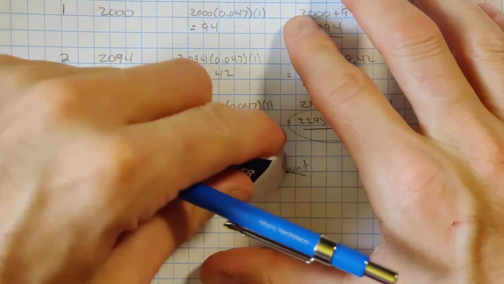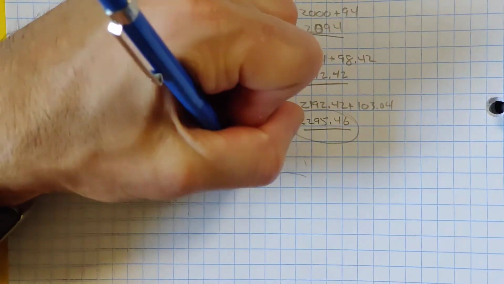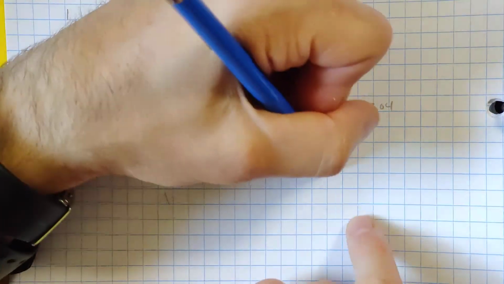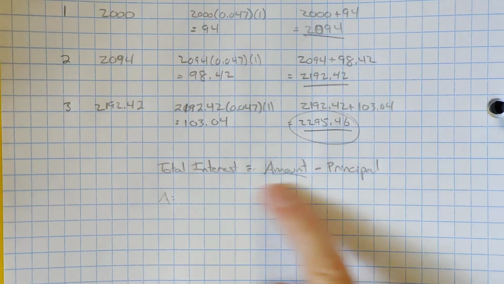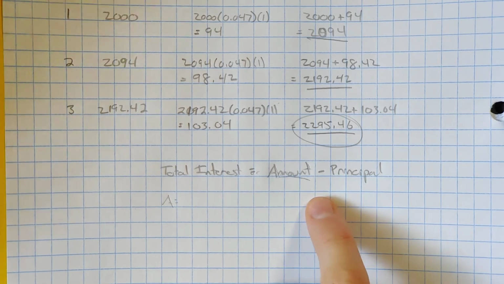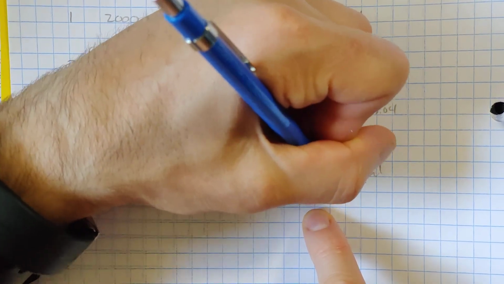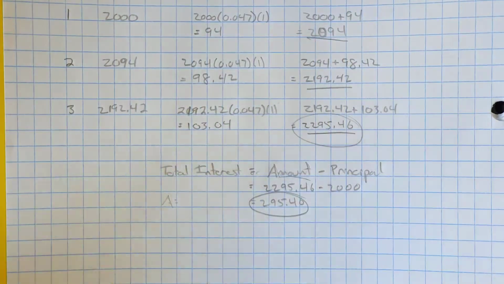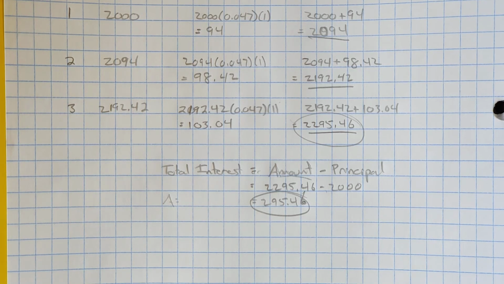Sorry, we're not looking for the amount. We have the amount. The total interest is just going to be the amount minus the principal. There we go. So the total interest is $2,295.46 minus $2,000, or $295.46. There we have the amount he made. So he made $295.46 in interest.